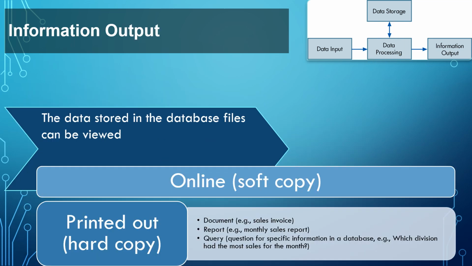Now we come to the last process, the information output. After we do the data processing, as we mentioned just now, creating new data, updating the existing data, deleting the existing data, or correcting the data, we can also read this data from the stored data, either in online form or by printing this information in hard copy form.